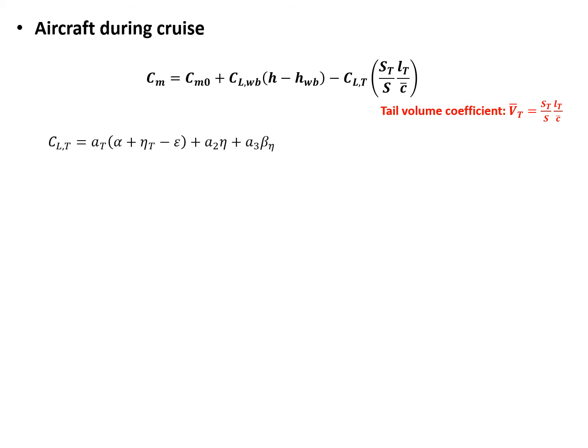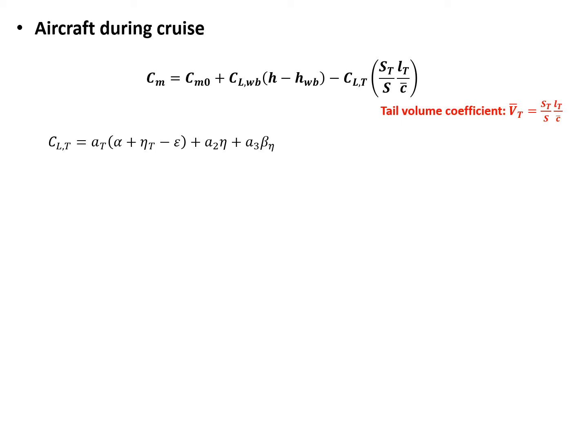The CLT can be written down as three parts. First is AT times alpha plus eta t minus epsilon. The second part is A2 times eta. And the third part is A3 times beta eta.